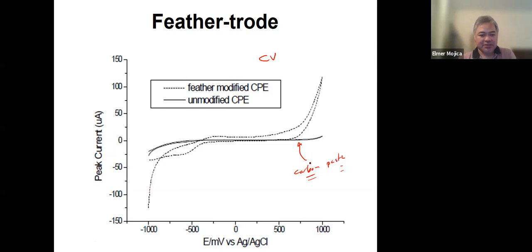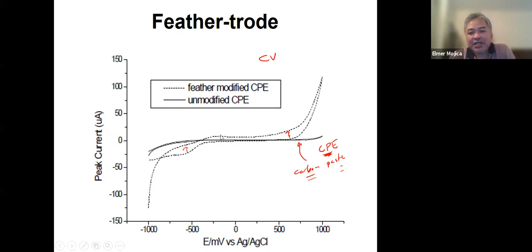So we mix it, okay, with nujol oil and the modifier. So as you could see, there's really a difference between the redox potential of that just contains the CPE, the carbon base, and the one that contains the feather.